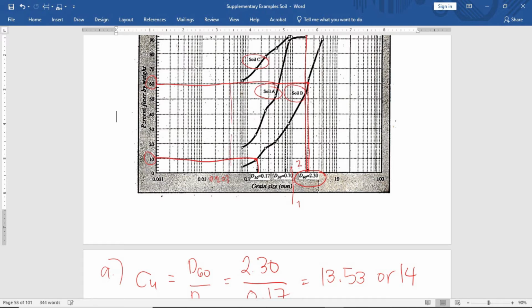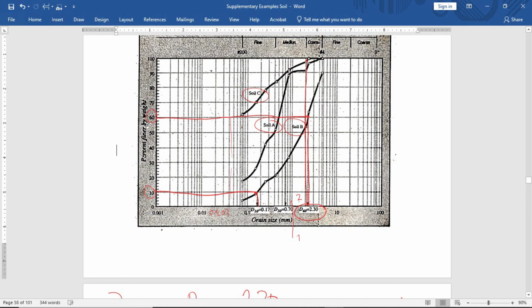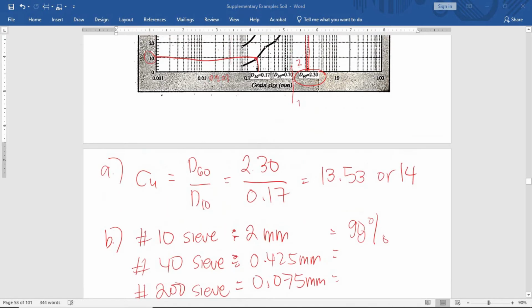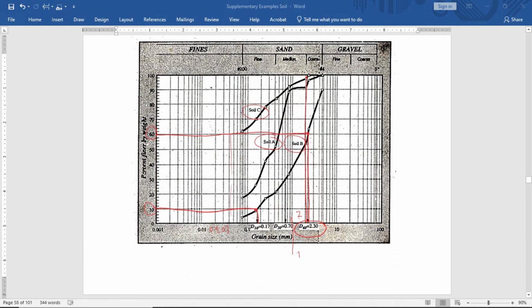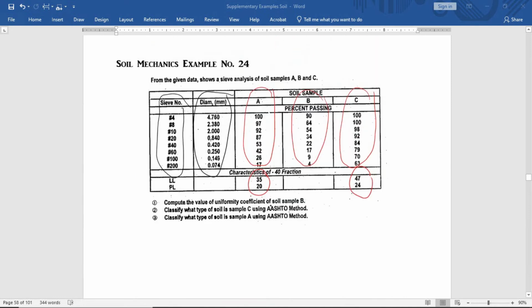Para sa soil C, sa number 40, kasi mahirap tingnan dito, tingnan na lang natin yun sa table. Number 40, number 10, tsaka number 200.